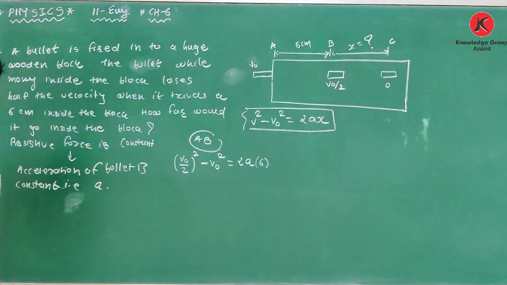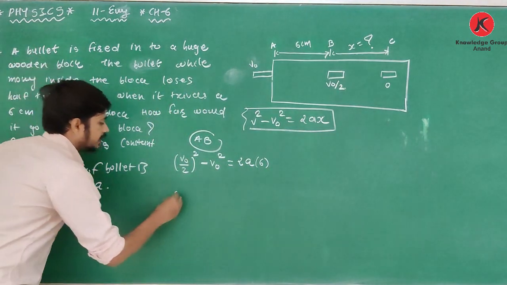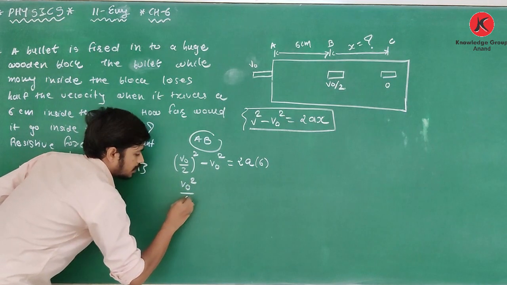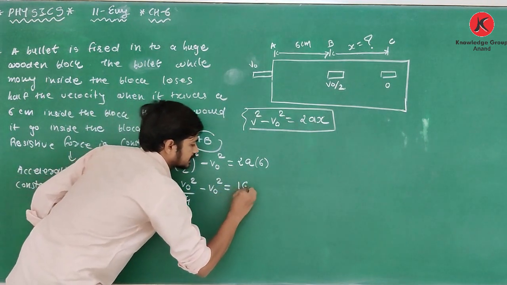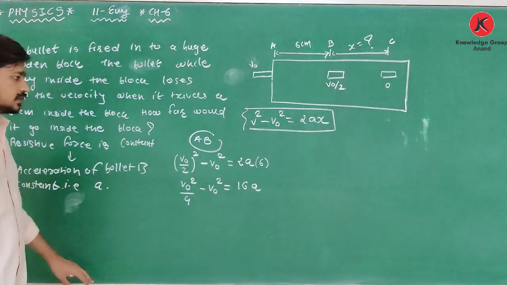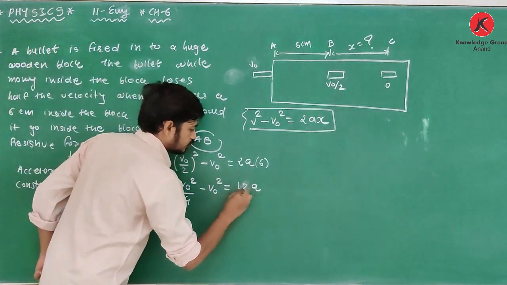Okay. So here it is v0 square by 4 minus v0 square is equal to 2 into 6, which is 12.